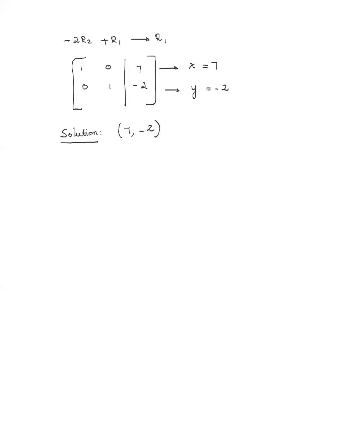So we get 1, 0, 7, 0, 1, -2. So we got the identity matrix 1, 0, 0, 1. So we can write the solutions as, from this one, we get x equal to 7. From the second row, we get y equals -2. So the solution is 7, -2.